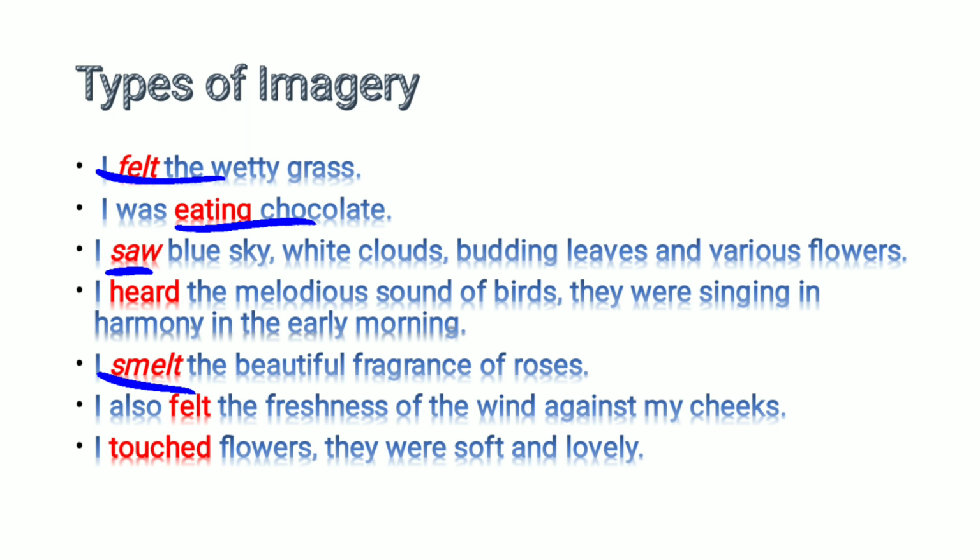In the last sentence, I touched flowers. They were soft and lovely. What kind of senses is used? The sense which is used in this sentence is touch. And touch and feeling known as tactile imagery. So we can say that this sentence is example of tactile imagery.